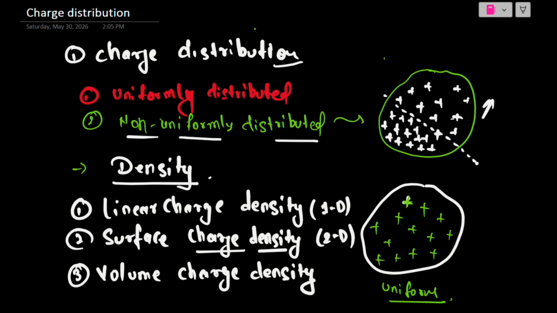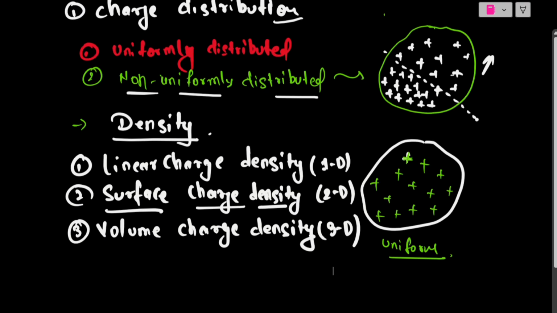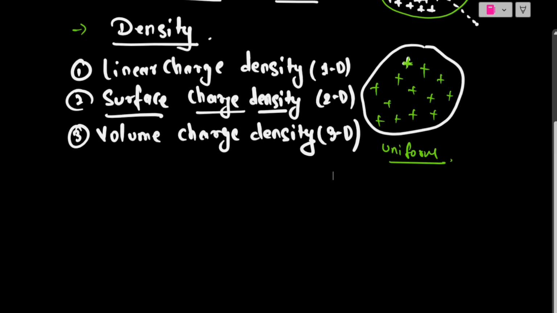Maybe in later videos we will study the Gaussian sphere and Gaussian surface, and there we study how charge is distributed on a surface area, the surface of a Gaussian sphere. So volume charge density is related to the three-dimensional structure. Now, one by one we can calculate how linear charge density works, what surface charge density is, and what volume charge density is. So our first topic here is the linear charge density.